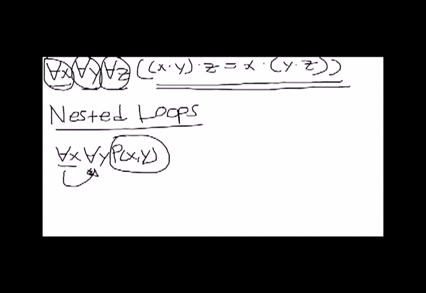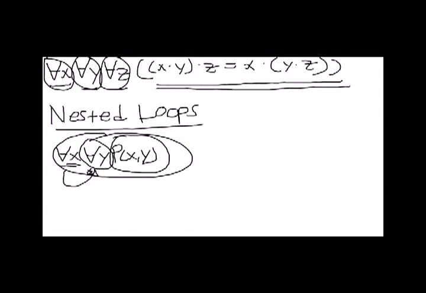Once we finish checking all the values of y for a given value of x, we progress to the next value of x, until we finish iterating through the domain. If all combinations of x and y hold true, then this statement will be true. Otherwise, if you find at least one instance where it's false, then that statement will be false.